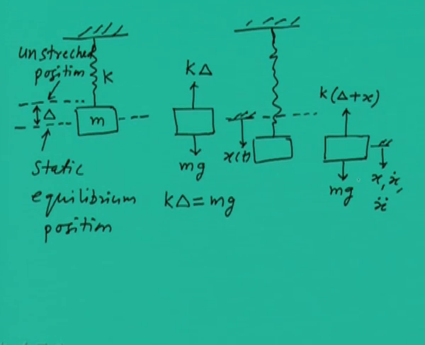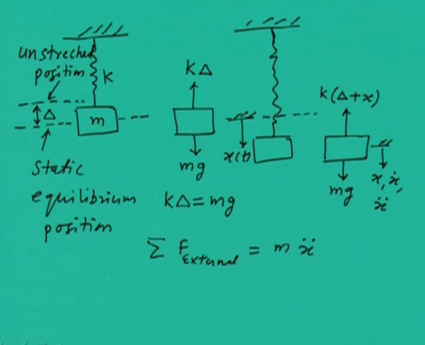Now we can apply Newton's law to obtain the equilibrium equation. Newton's second law states that the sum of all the external forces acting on a body is equal to mass times the acceleration of the body. So what are the forces acting? You can see that we have taken the downward direction as the positive direction for displacement, so we will use the same convention.